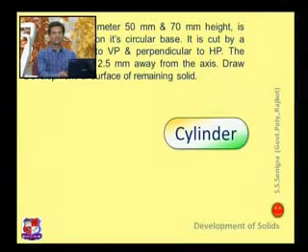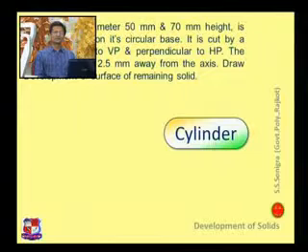The first problem. In the first problem, it is of cylinder. The data is given like this: a cylinder diameter 50 mm and 70 mm height is standing on HP on its circular base.